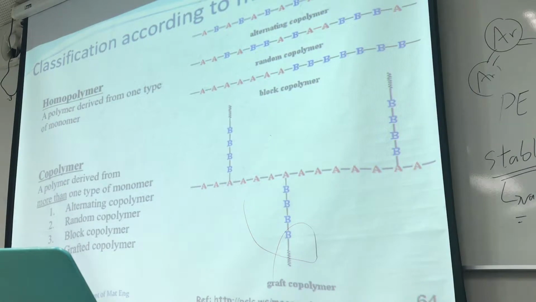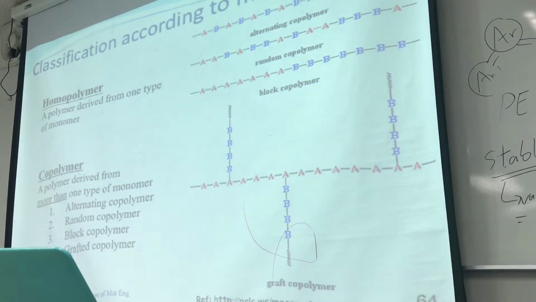The polymer that contains only one kind of monomer, we call it homo. If you take a look at the word homosexual, that means people who love the same sex. So when we talk about homopolymer, that means the polymer has only the same monomer. One kind of monomer, we call it homopolymer. And if we have more than one kind of monomer, we call it copolymer.